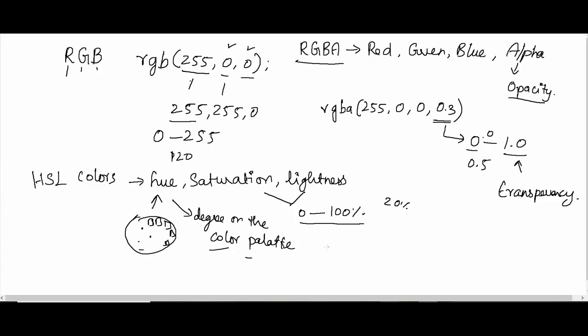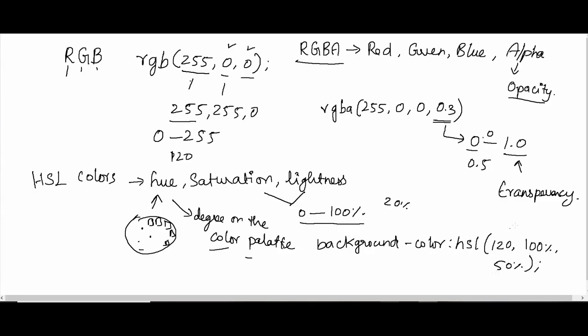We can represent this HSL color like this. For example, if I am going to give a background color, background-color colon HSL in brackets. Just for example, I'm choosing 120 and the saturation should be 100% and 50% for lightness.